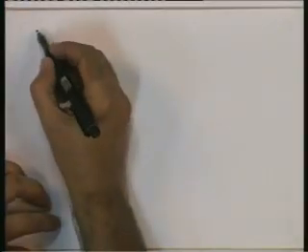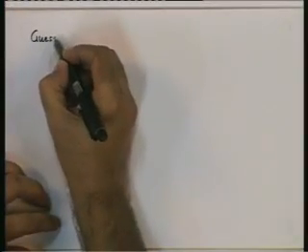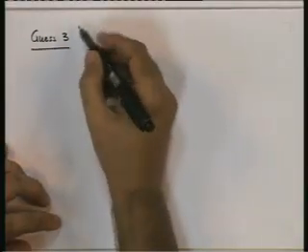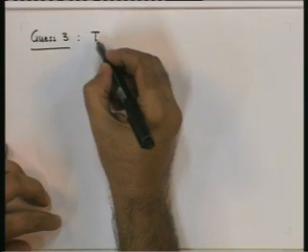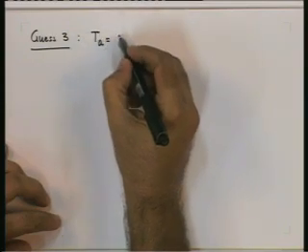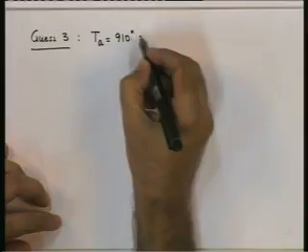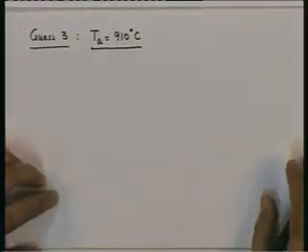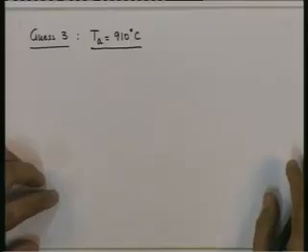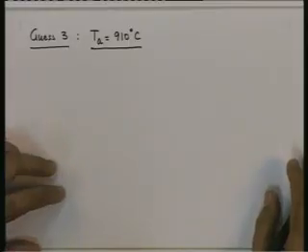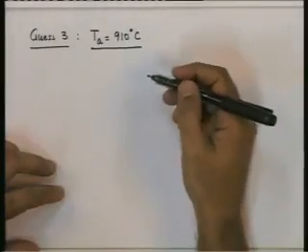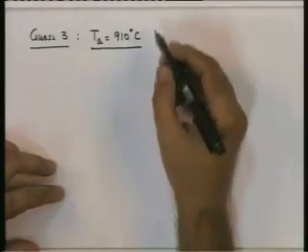Let us take the third guess. The third guess, we take TA to be 910 degrees Celsius. Increase TA by just 10 degrees Celsius. Again, we will have to determine properties, they would have undergone slight change.